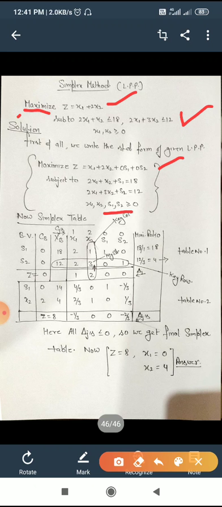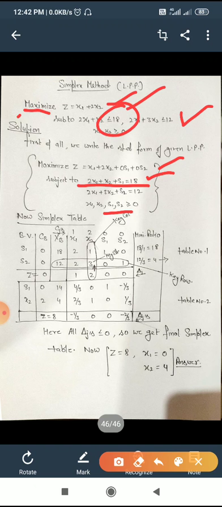Subject to the conditions, in the first restriction, 2x1 + x2 + s1 = 18. Now these are equal to 18, not less than or equal to. In the given condition it is less than, but now we say equal to 18 because we add s1 on the left hand side and s1 makes it equal to 18. Now these are equations, and previously they were inequations.